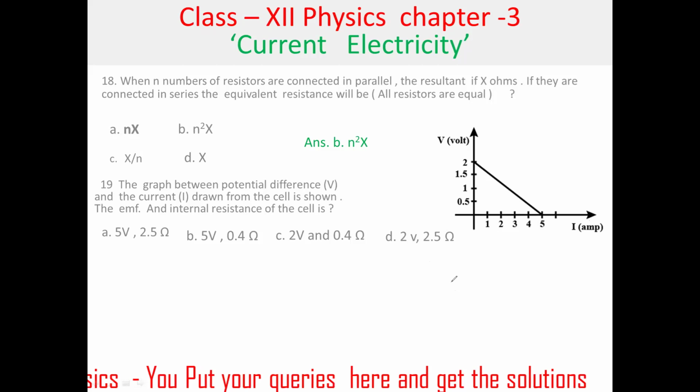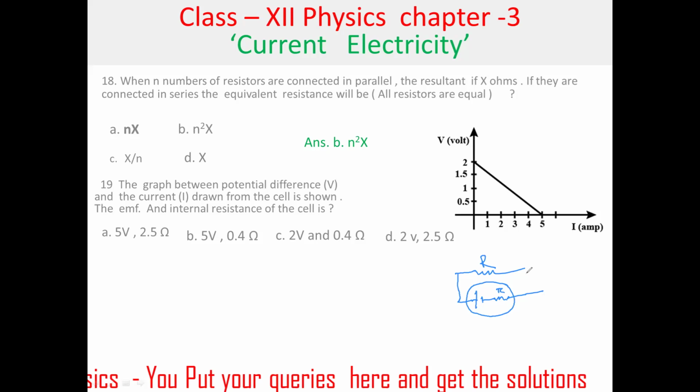See, suppose this is an external resistance and this is the battery cell and this is the internal resistance of the battery. This is the outer resistance. So this means the battery also has an internal resistance.